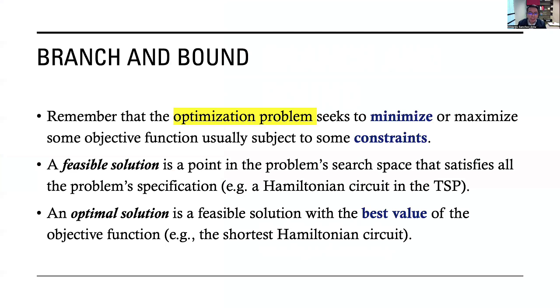In order to start talking about the technique, we will remember a little bit about optimization problems. When we are trying to solve a problem like those, basically what we are trying to do is to seek either to minimize or to maximize a given goal or objective function, which usually is subject to a certain number of constraints.